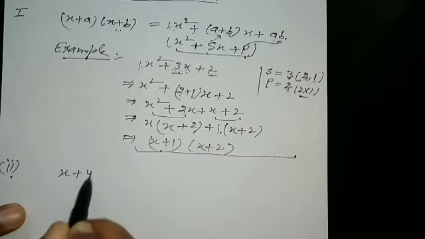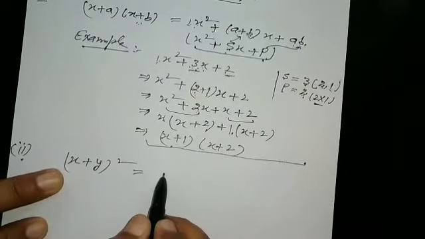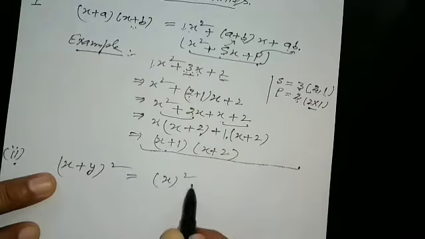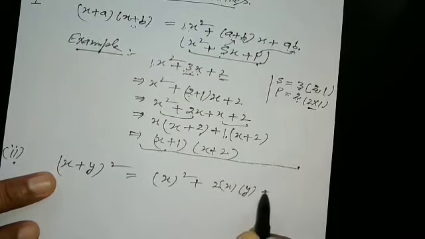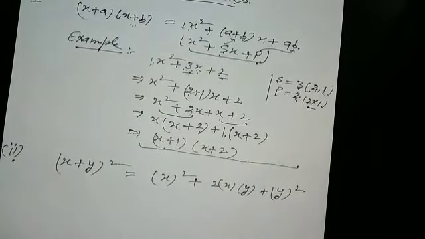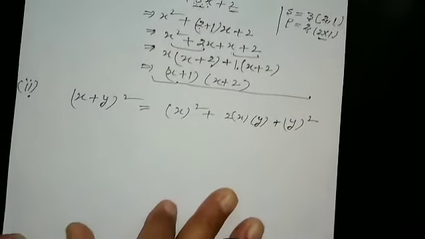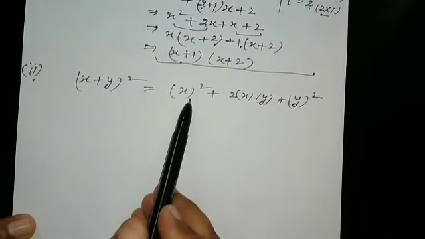x plus y squared equal to square of first, 2 into first into second, and square of second, right? Again, okay, this is left side, this is right side.